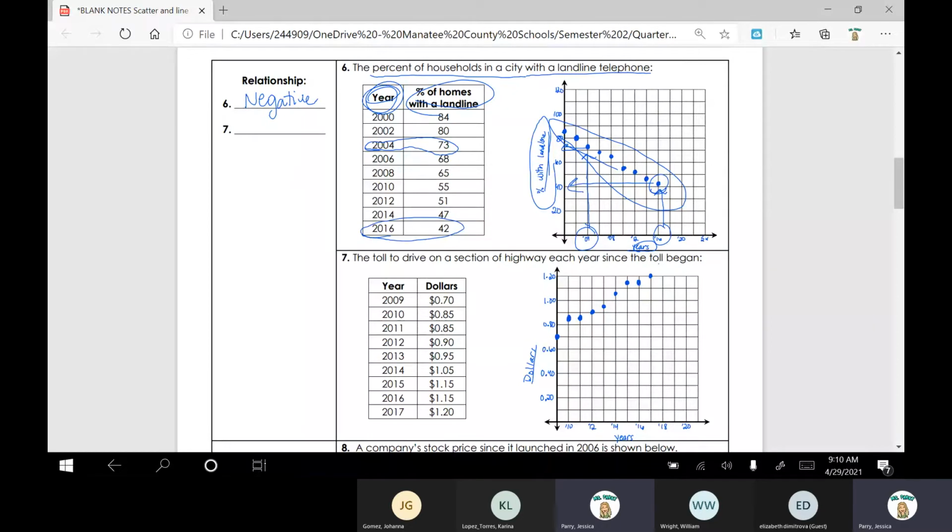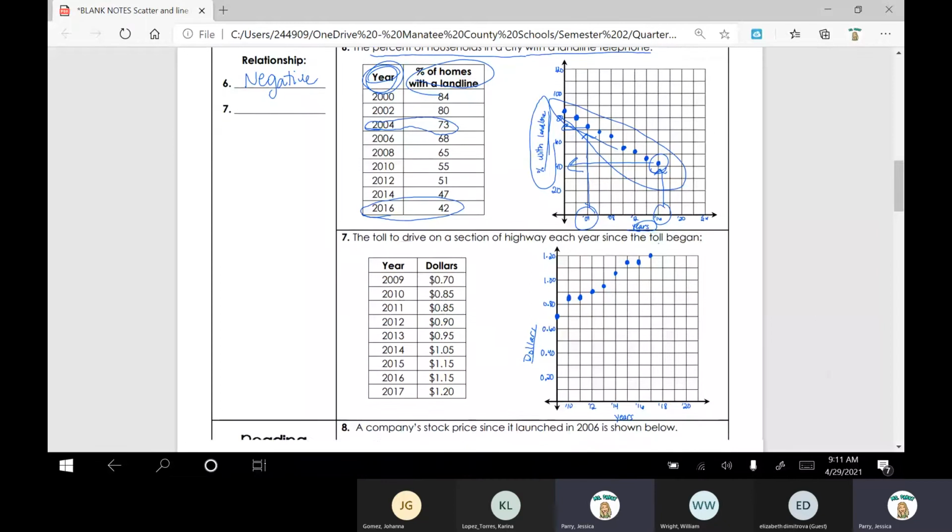We're now in 2021. I'm pretty sure it's closer to 0 now. But because it is a negative correlation, that is an actual realistic picture to look at there, because the more current date that we're getting to, the less percentage of homes have a landline.